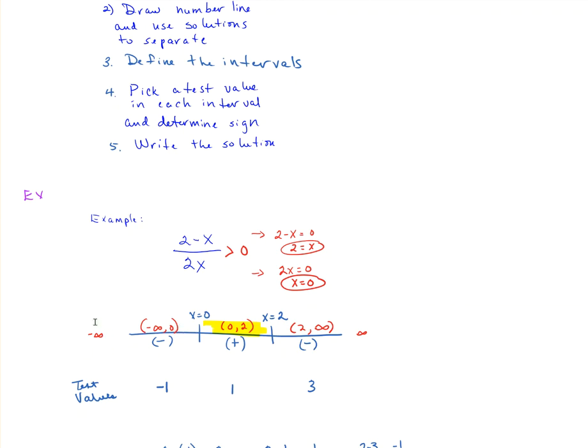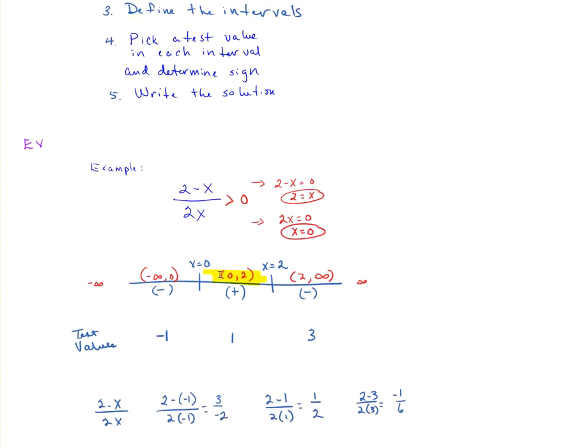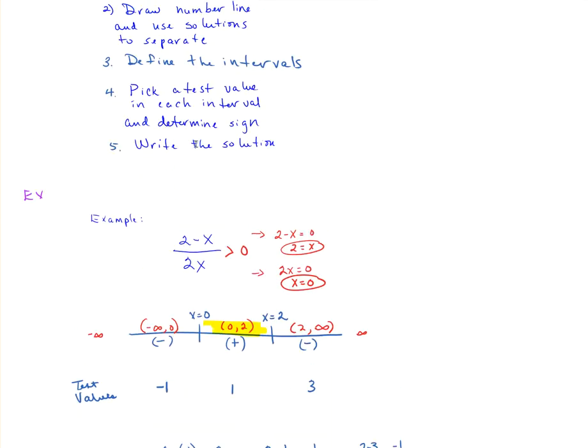And remember, you always have negative infinity here. You have positive infinity here. So this interval is from negative infinity up to 0. This interval is 0 to 2, and this one is 2 to infinity. So we have defined the intervals. Number 4, pick a test value inside the interval.